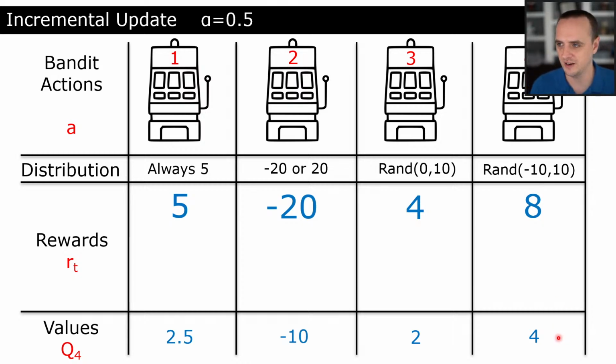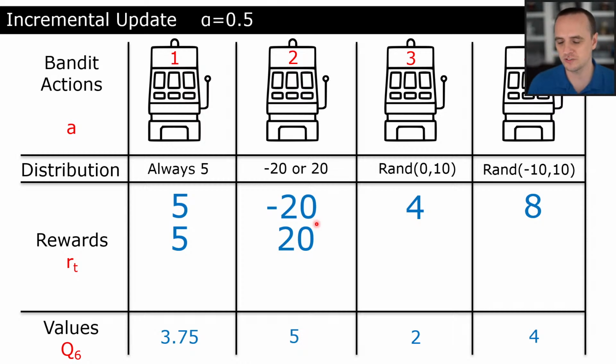Now things start to get interesting. We get another 5 over here. So now our calculation is moving our belief to be halfway between 2.5 and 5, which is 3.75. Now if we get a 20 here, then our value update is halfway from negative 10 to 20, which is actually 5.